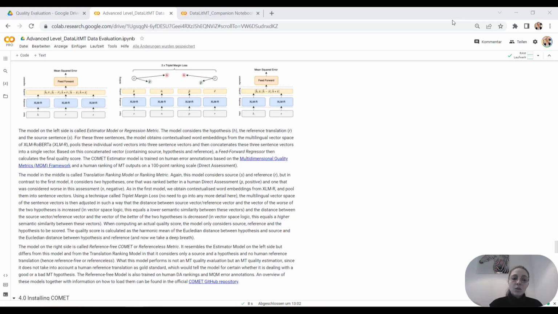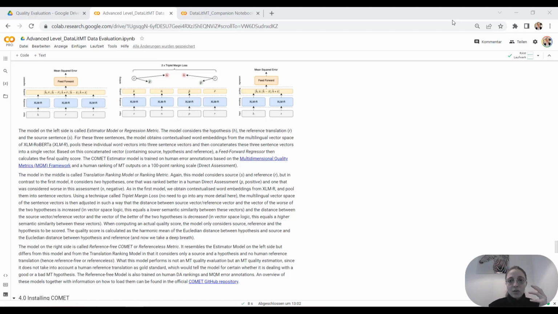And the distance between the source, reference, and the better hypothesis is decreased. So they're being put closer to each other, meaning that they are semantically more similar. So this ranks the positive hypothesis as better, and it ranks the negative hypothesis as worse.